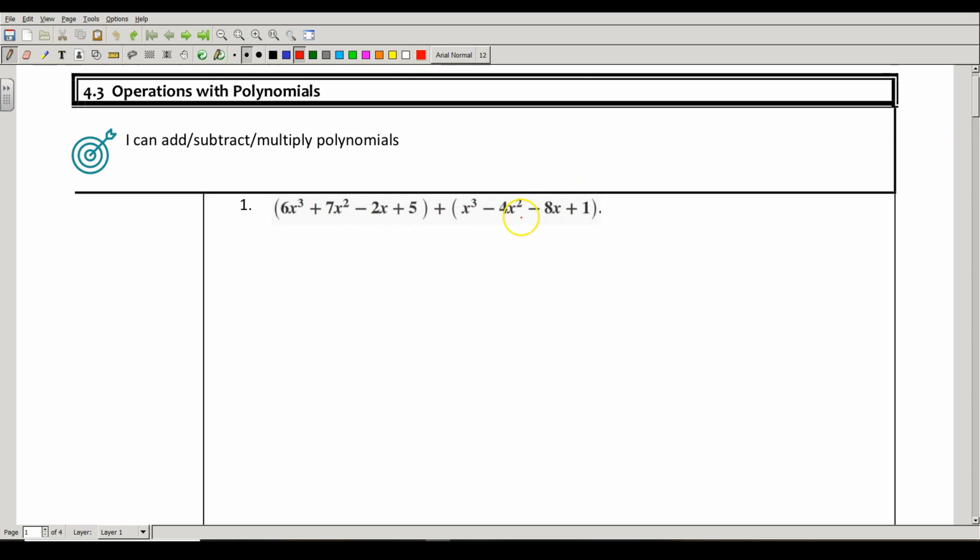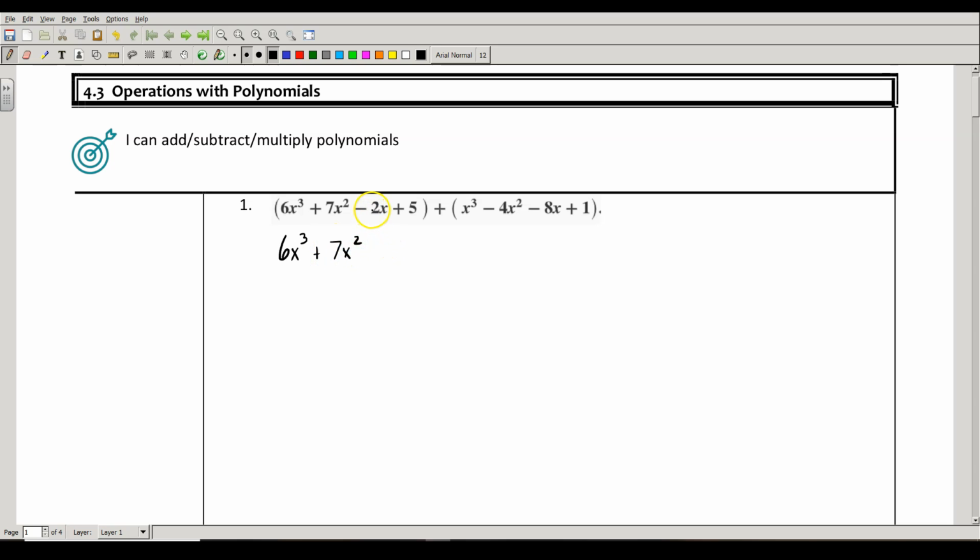Really, we can view this as the parentheses are just grouping things together, but they really don't mean anything mathematically. We can get rid of them. So I'm going to do this a little bit slower than normal just to show you guys. I'm going to write this without parentheses.